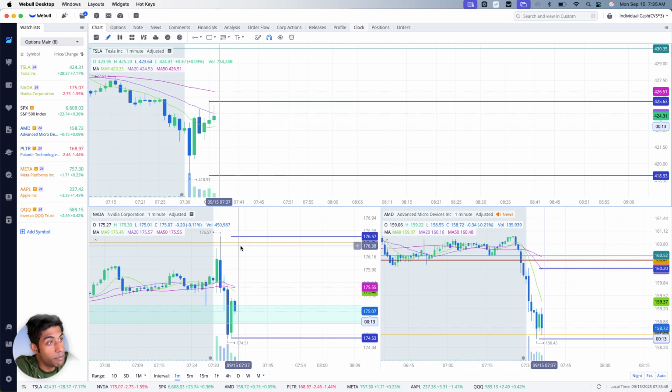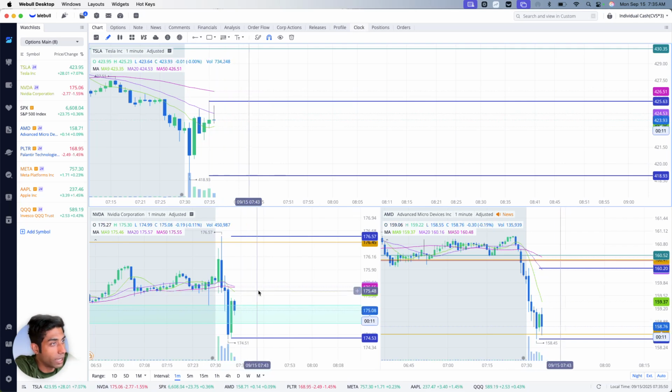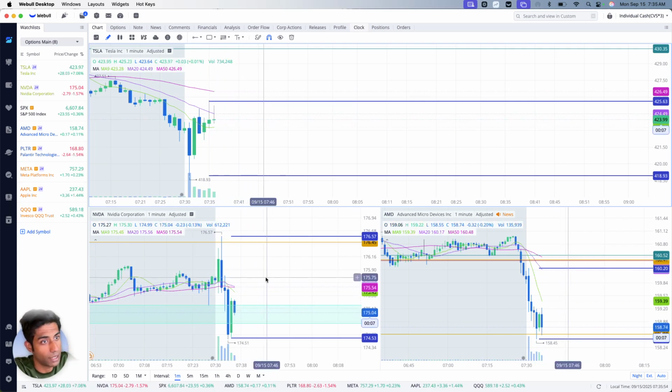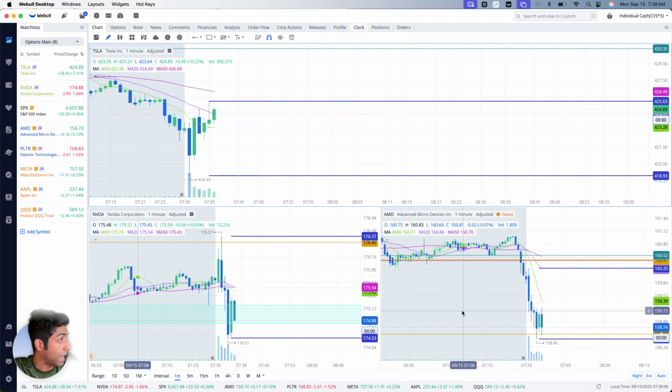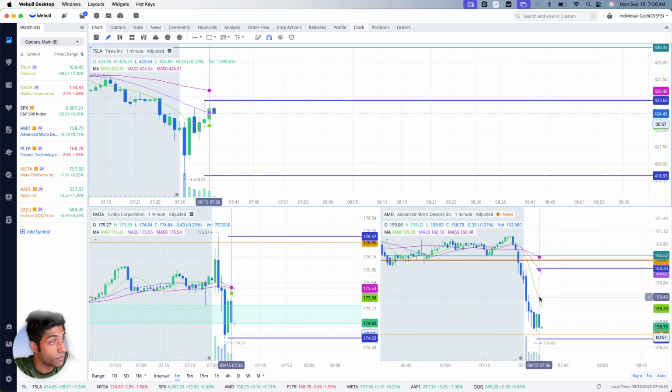So this chop action Nvidia's been doing, where it just wants to chill here, has been pretty prevalent, and I've lost money actually trying to wait for something like this and it not be big enough. AMD, when we just closed that first candle, had pretty much no movement.